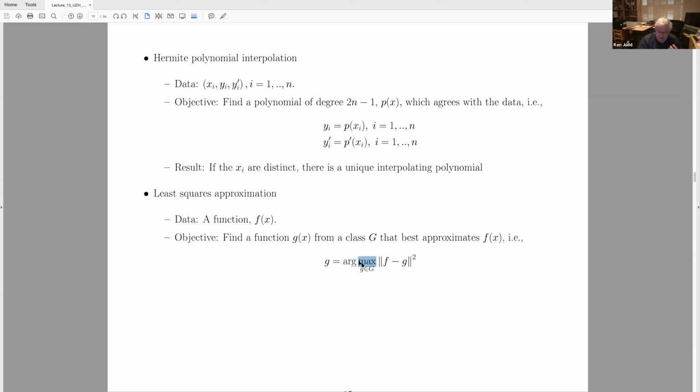That minimizes the L2 norm of the difference between the two functions. So you have these two functions over some range, and then take their absolute value, square it, and then compute a norm. And you want to minimize that L2 norm, essentially. And that's least squares approximation in a functional domain.